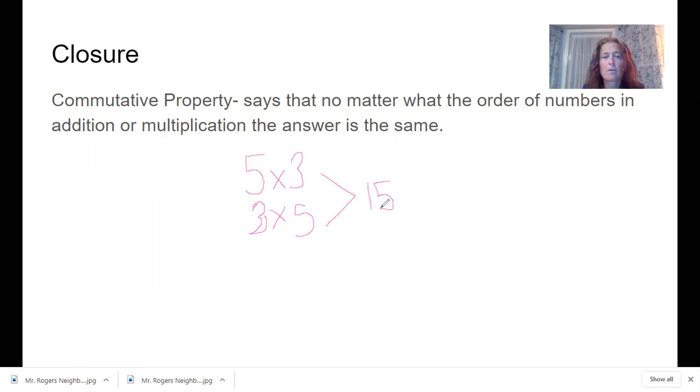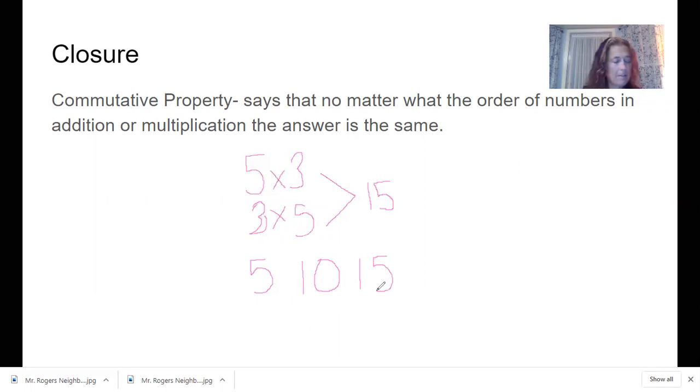Okay, so no matter what the order of the numbers, whether it's 5 groups of 3 or 3 groups of 5, the answer is 15. So this comes in handy when you want to possibly count by 5s. So instead of doing 5 times 3, you could do 3 times 5 and count by 5 3 times, which would be 5, 10, and 15.